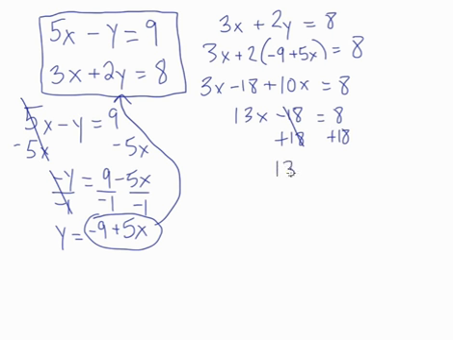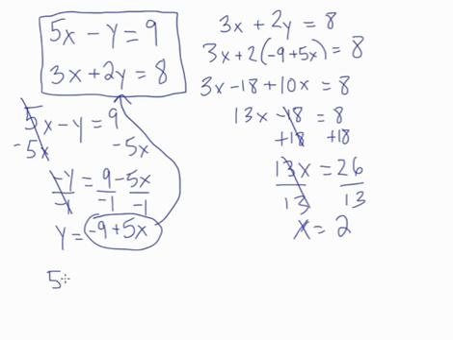So we have 13x equals 26. Divide by 13. And x equals 2. Now I'll just plug this into one of these to solve for y. So let's use the top equation.